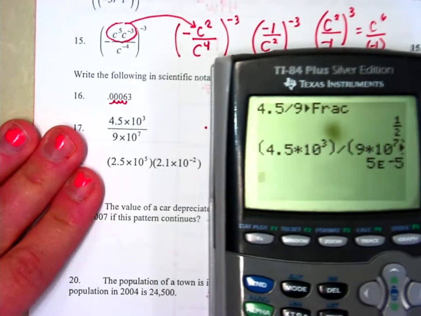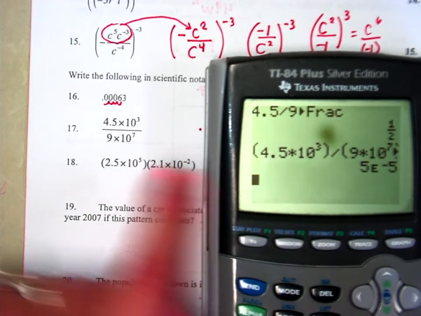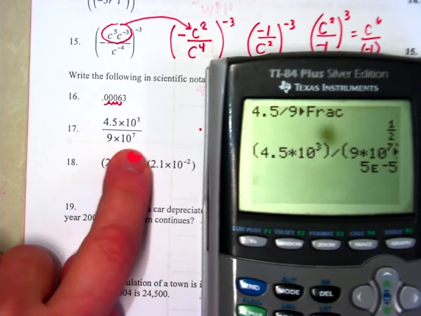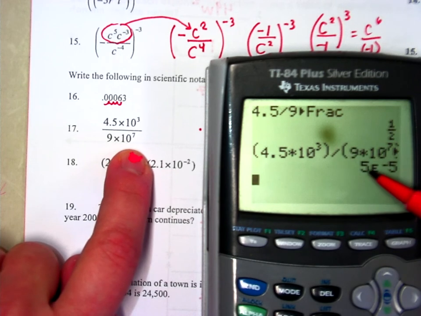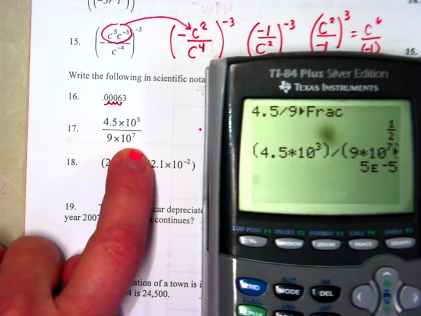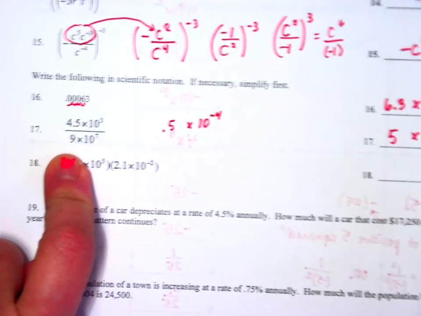So I just did the parentheses around the top in the numerator and then parentheses around the denominator and actually hit divide between them. And so you'll see I get 5e to the -5. Right, that's scientific notation for us. This e means times 10 to the. That's the exponentiation notation. So 5 times 10 to the -5th, which we got, is correct.